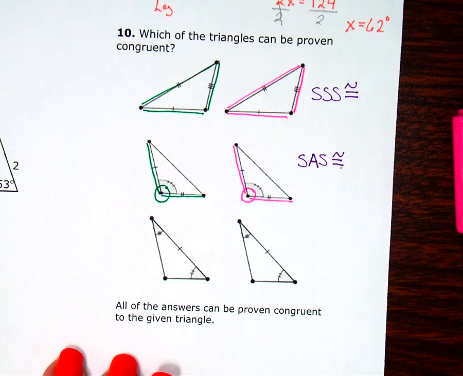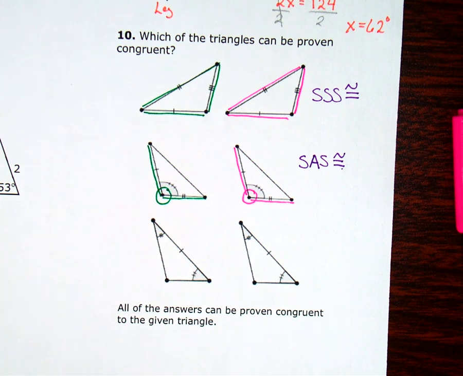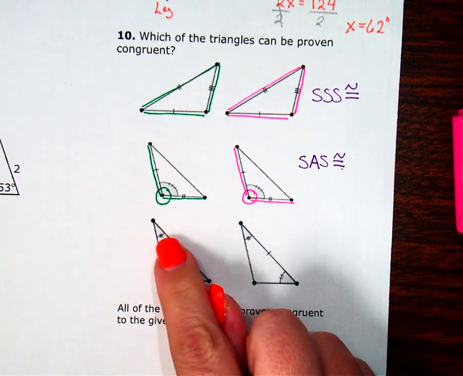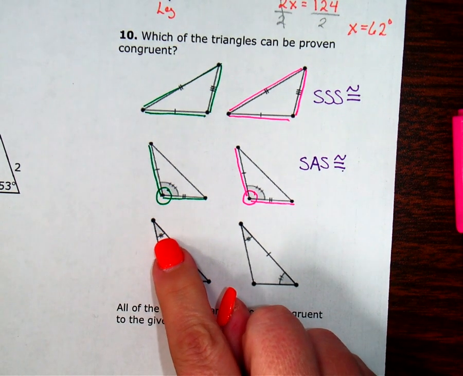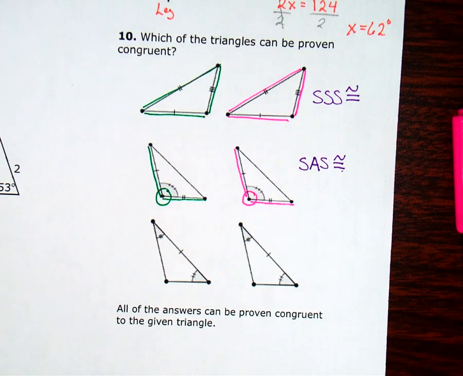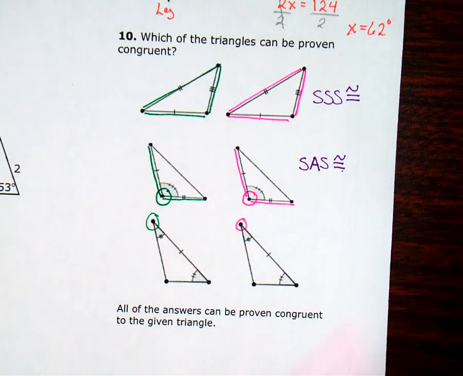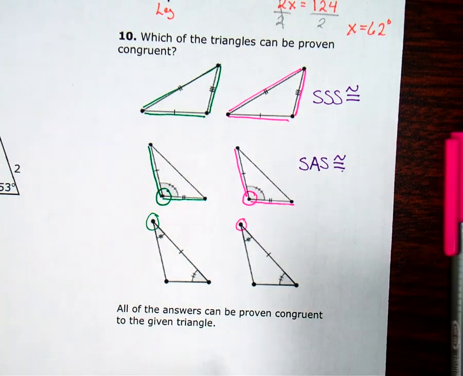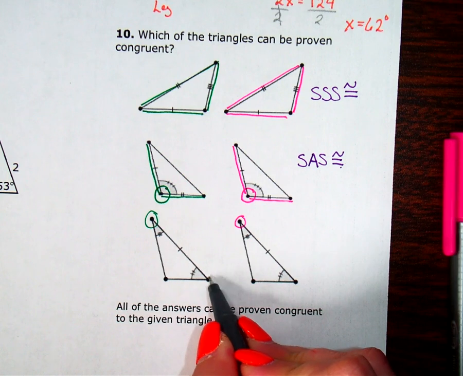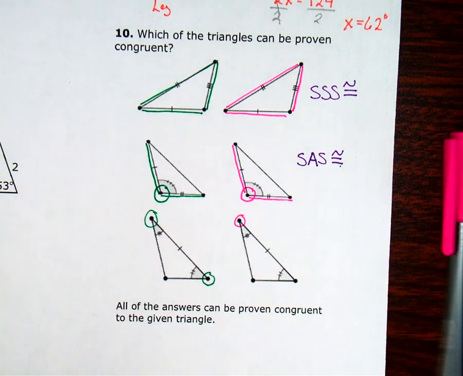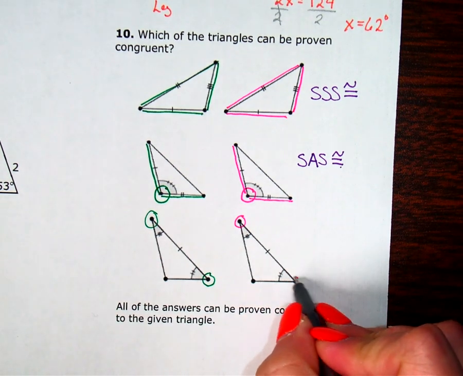Okay, when I look at the next one, I can see I have a single arc, but it has three little tick marks on it. And that matches over here, my single arc with my three tiny little tick marks on it. Okay, and then here I have a single arc with two tick marks on it. And here I have a single arc with two tick marks on it.